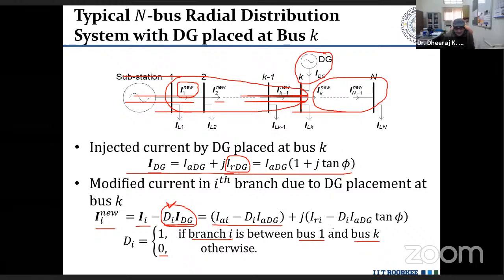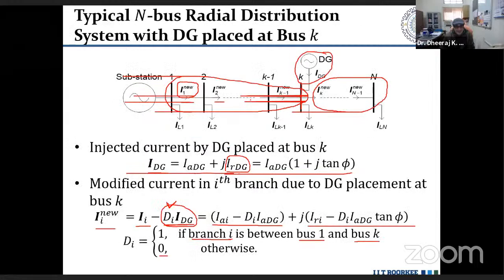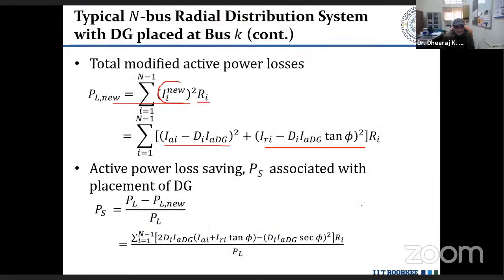This is the active component and this is the reactive component. So now we have two values of losses: one before DG placement, this one, and this one after DG placement.